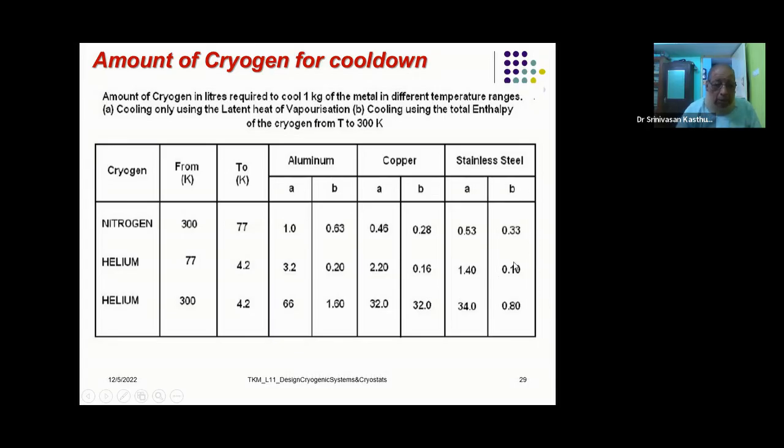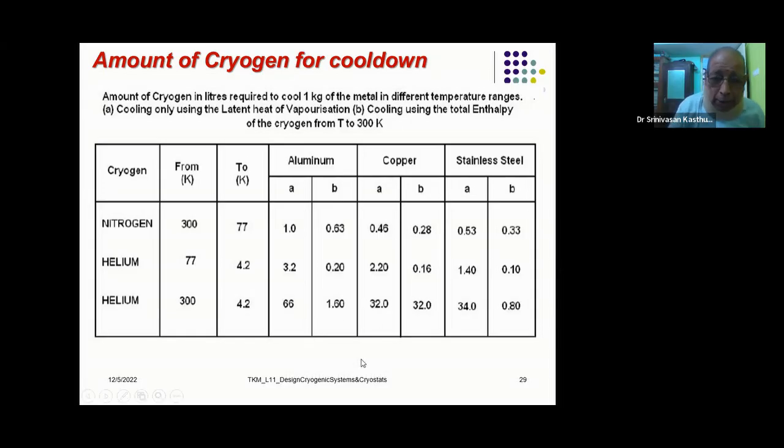Now, it's also possible that I do not want to contaminate the system with nitrogen. So somebody can decide to start with 300 K and reach 4.2 K directly with the cryogenic fluid, namely helium. In such a case, the values are fairly large. For example, in the case of aluminum, it is about 66. If we use the cooling capacity in terms of enthalpy, then it's only 1.